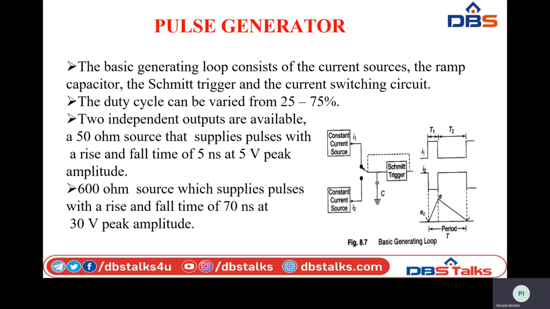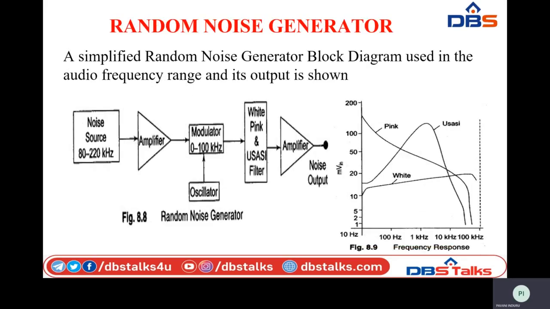Then we are going to discuss the random noise generator. Why is it necessary to discuss the random noise generator? Why do we need to generate noises? Because it is necessary to study certain electronic circuits while applying noise as the input. Whenever we apply noise as the input, how is the circuit behaving?